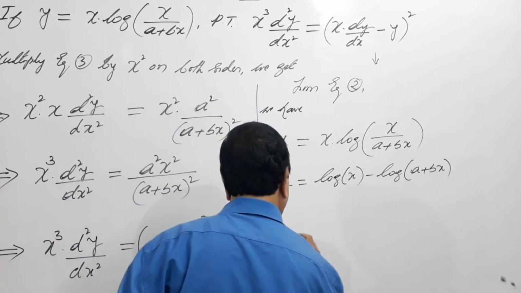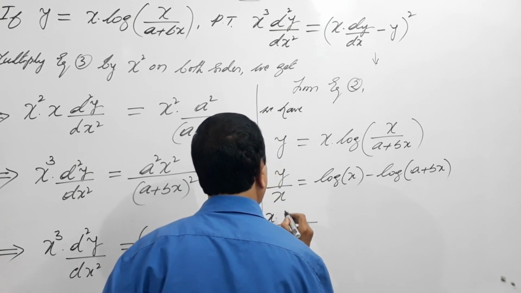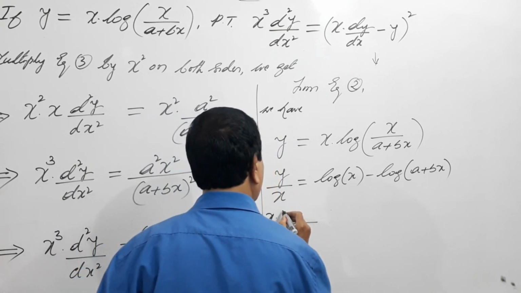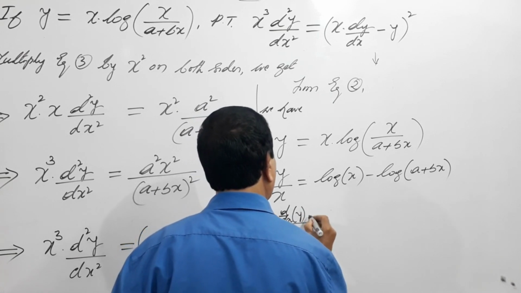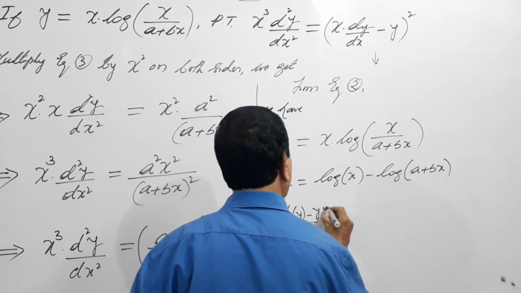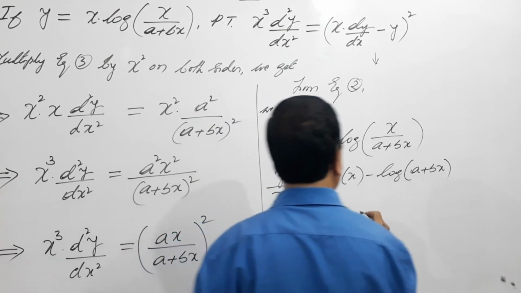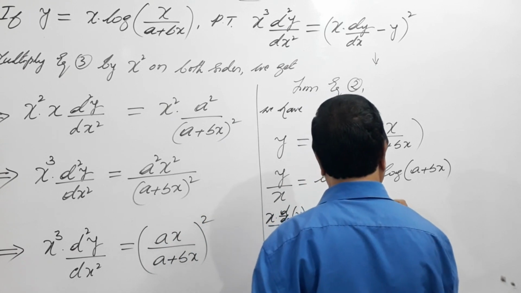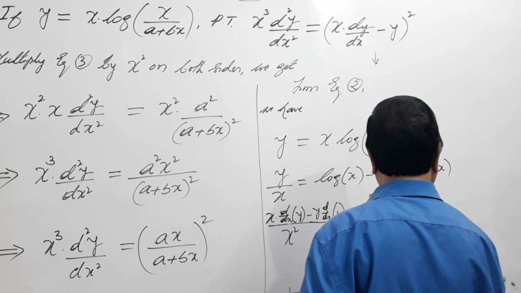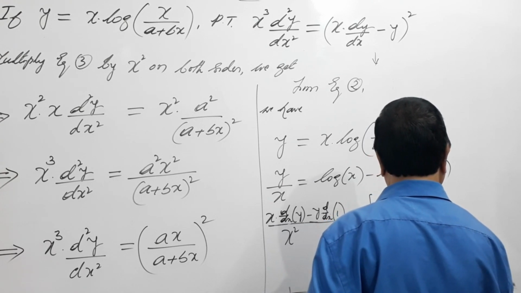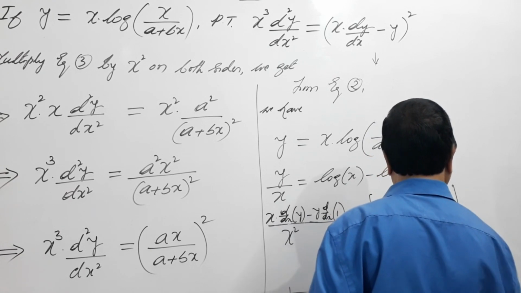That is x square, that is x into d by dx of y minus y into d by dx of 1, isn't it, equals 1 by x minus 1 by a plus bx into b.